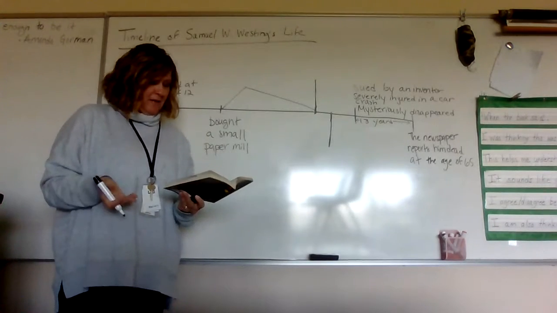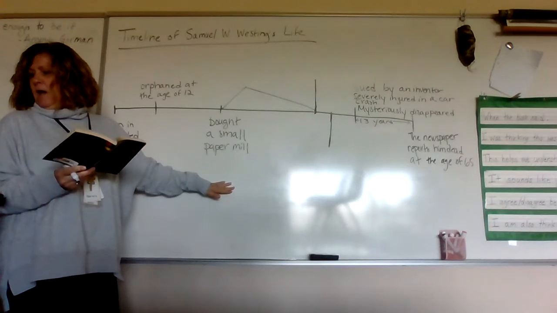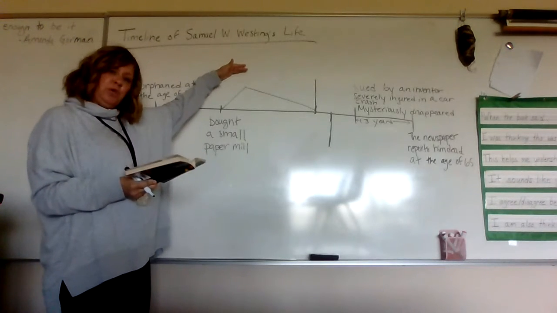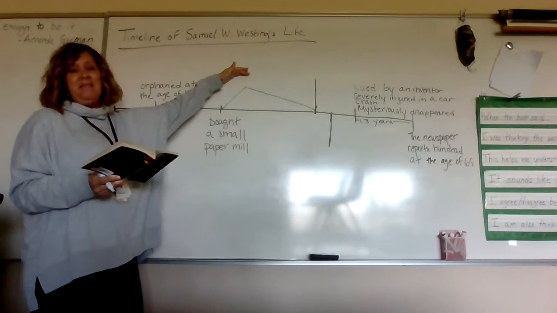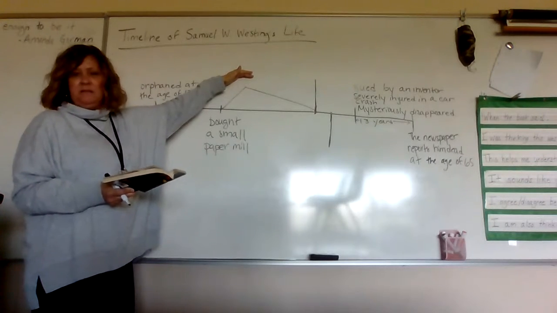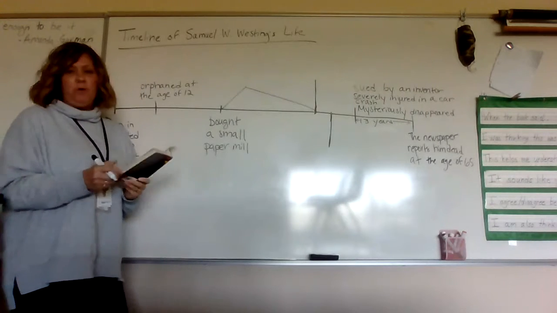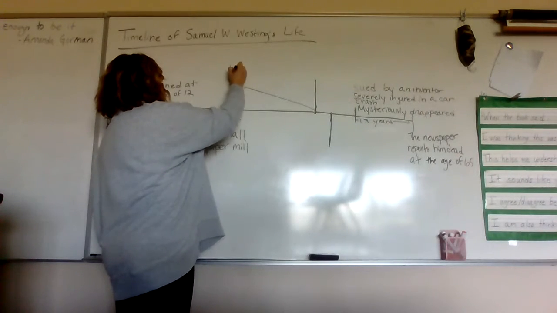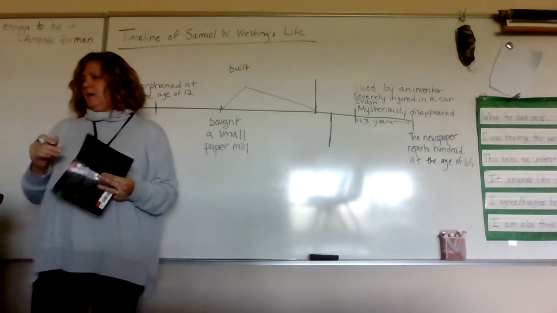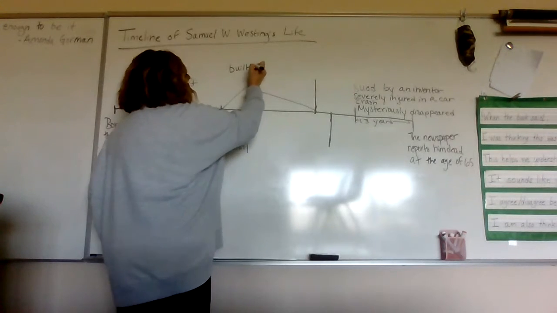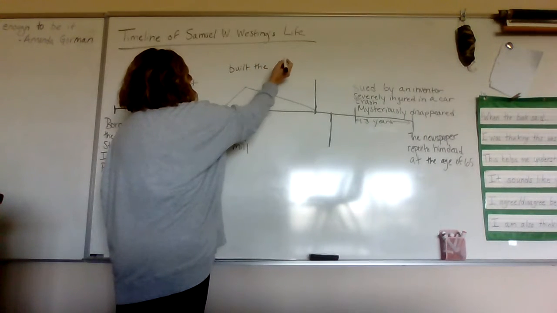It also said here that from this small paper mill, he built the huge Westing Paper Products Corporation, and he even founded the city of Westingtown. That was pretty important. So from buying the small paper mill, he then built the Westing Paper Products Corporation.